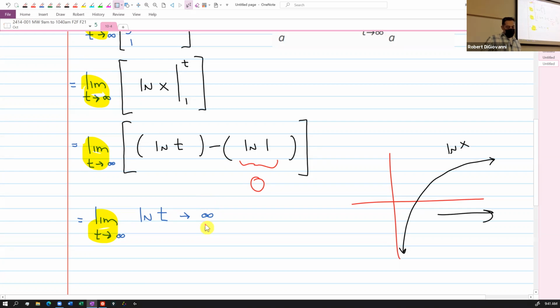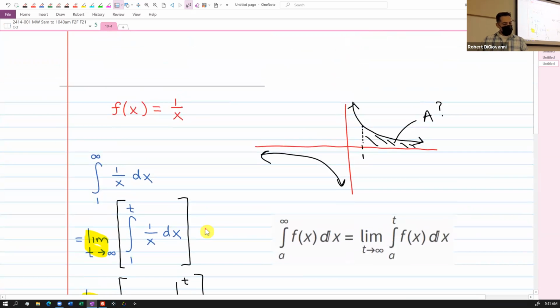Okay. All right. So if you get infinity, negative infinity, or the limit doesn't exist, any of those three, we will say that this integral diverges. That's new terminology. I'll put the note up here in a second. So when we come up here, this integral diverges.